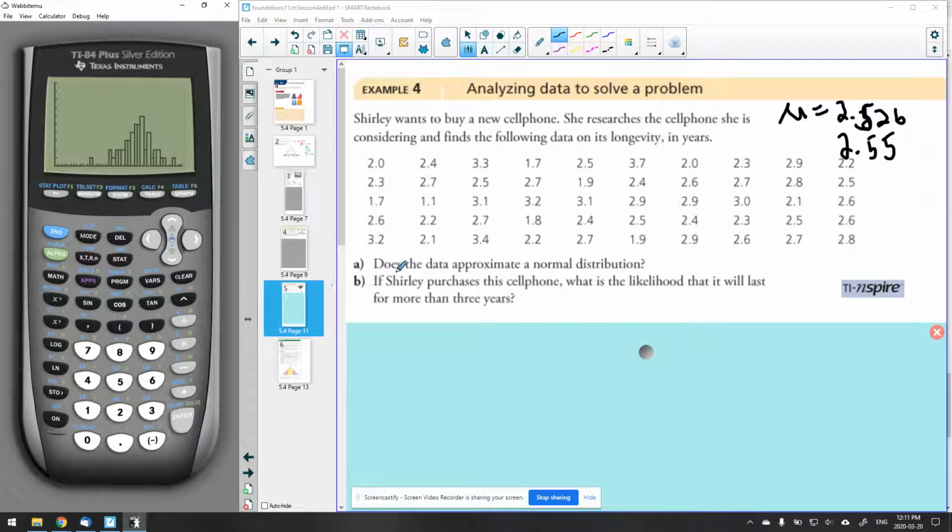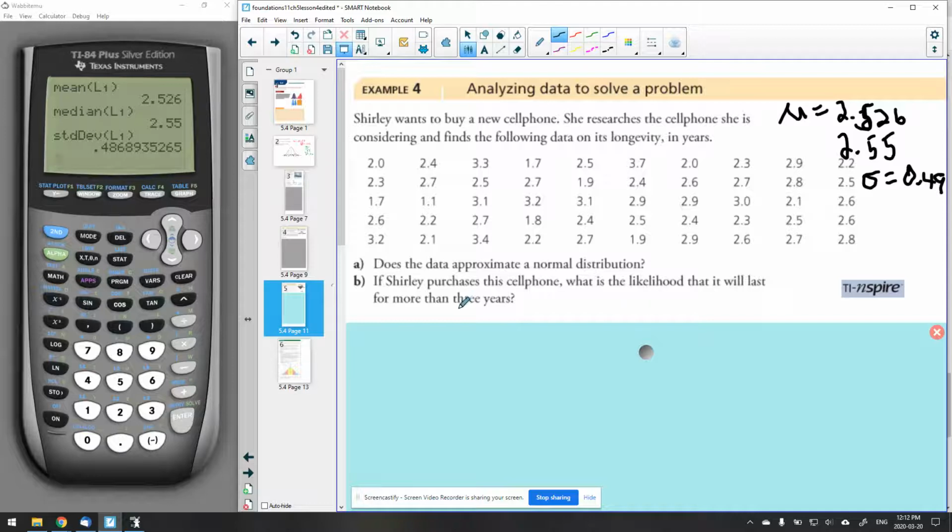So if we look at part B, what is the likelihood that it will last for more than 3 years? Well, we kind of need to find our standard deviation. So let's do that. So the standard deviation for list 1 is 0.49.